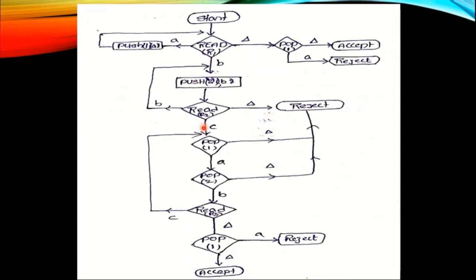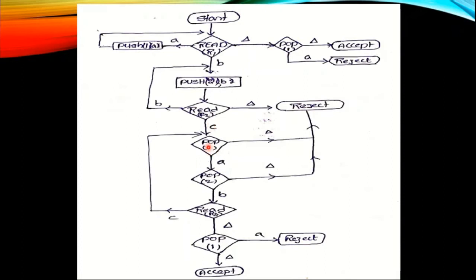Next, after completion of pushing the B's into the stack, we enter the input C. In case the input symbol is C from state R2, we perform the pop operation from both stacks and go to a new state. Whenever we read C after completion of the A's and B's, we perform the pop operation from both stacks.